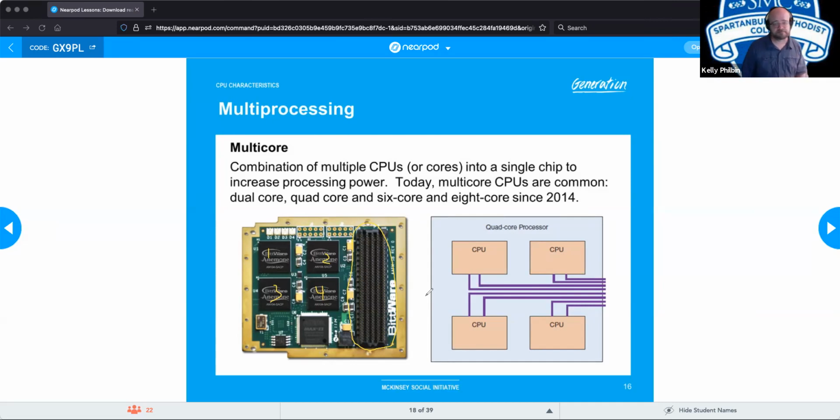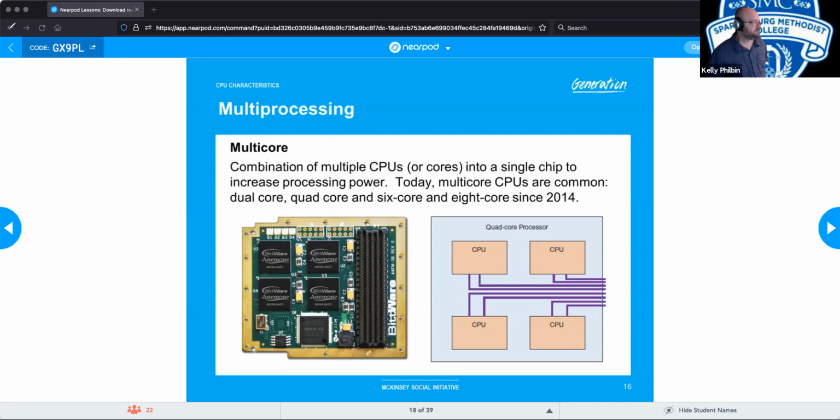Questions so far? All right, so within the chip, go ahead and erase my drawings here. We have 4 CPUs in this processor, right?